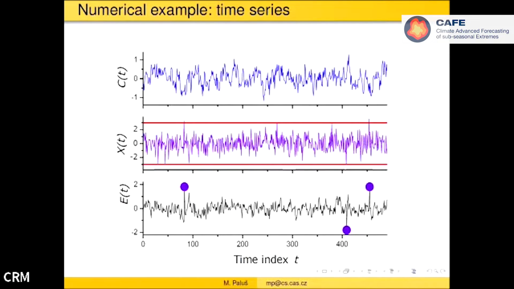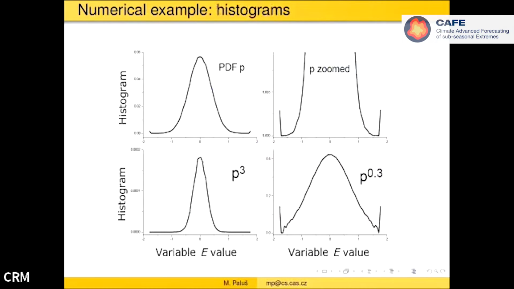So here we have pieces of data. This is variable C, this AR process. X is just Gaussian white noise. And here is E_t, which is influenced by C. And here you can see some events caused by variable X_t.